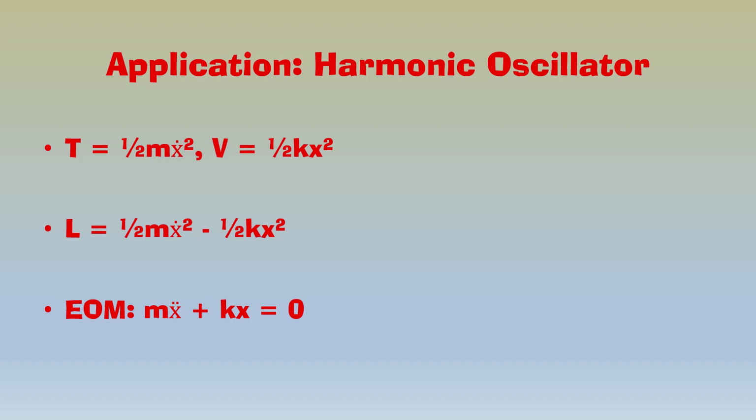We know the kinetic energy and potential energy, we just substitute in the total Lagrangian. How to define the total Lagrangian? L is equal to kinetic energy minus potential energy. After substituting, we get the equation of motion: m x double dot plus k x is equal to 0. Those who joined the regular classes know this. So we have to solve all of these step by step. Okay, good.